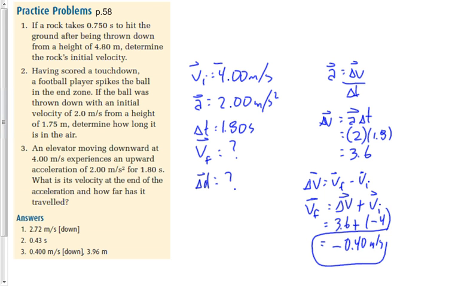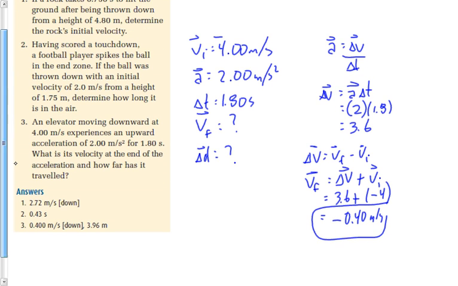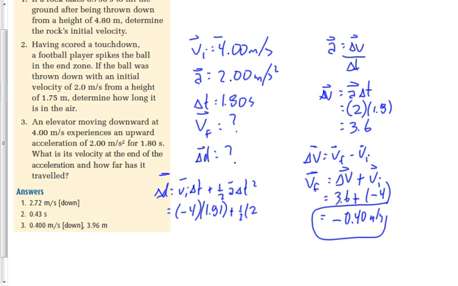And finally, we're looking for the displacement. We got a couple options here for the displacement. Let's use d is equal to VI T plus 1/2 A T squared. We got VI, -4. Don't forget the negative, though. T is 1.8 plus 1/2 of 2. Again, it's not -9.81 because it's something other than gravity acting. 1.8 squared.